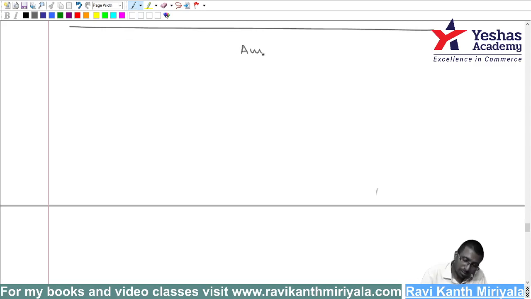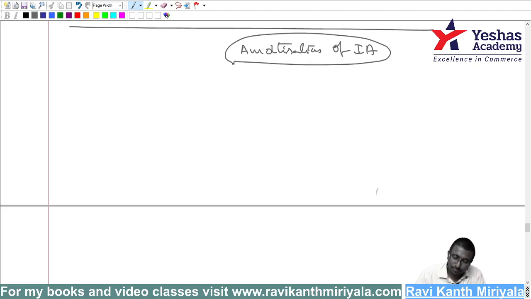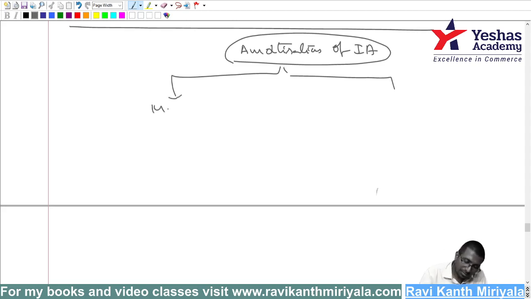Next important part in this standard, amortization of intangible asset. This is another important point. In this, basically, the method of amortization is one discussion, and the useful life is the next discussion.